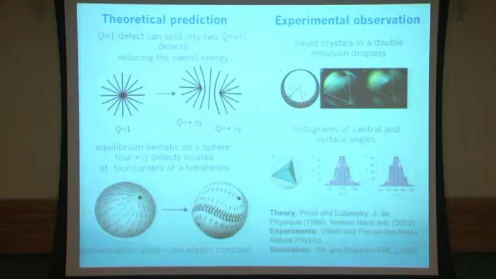And so on a sphere, I told you that you need to have 2 +1/2 defects, but these defects on the poles can actually split into 4 +1/2 defects. Since these defects repel, they'll sit at the corners of a tetrahedron. This was first done by Jacques Prost and Lubensky, and then Nelson followed it up.